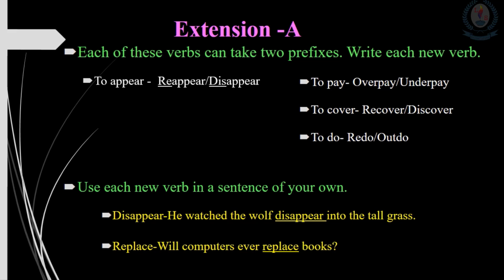The first word is to appear, and here we can use 2 different prefixes to make 2 different words. Reappear, disappear, and the used prefixes are re and dis.